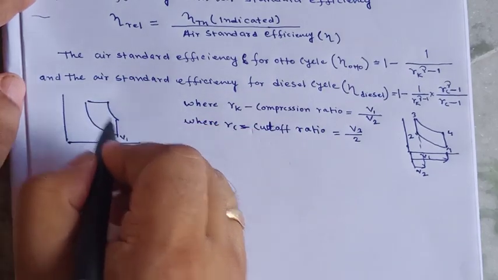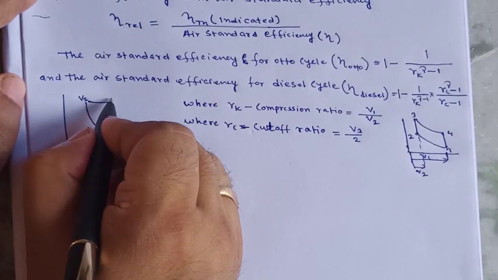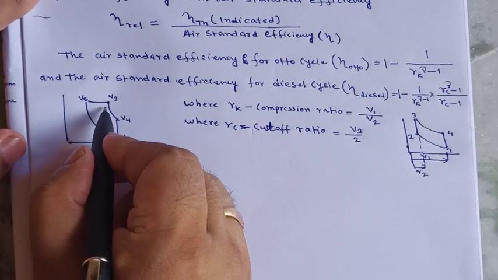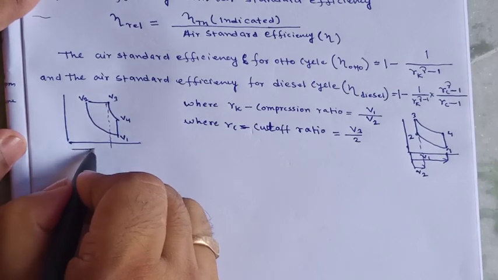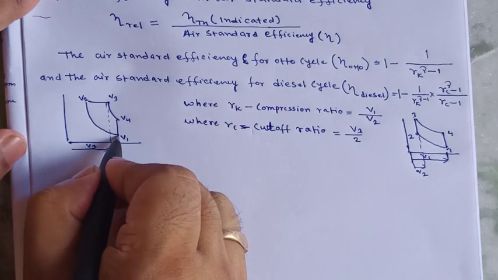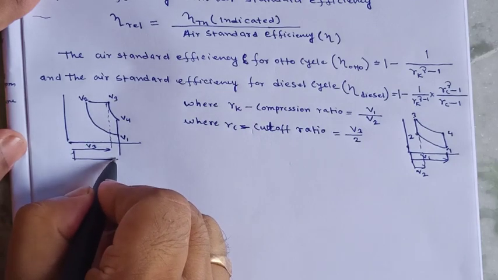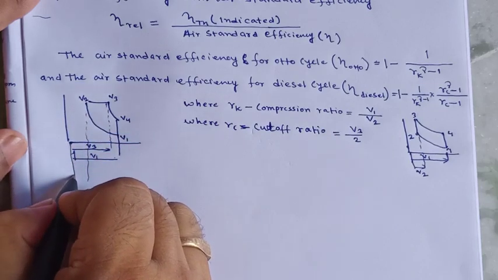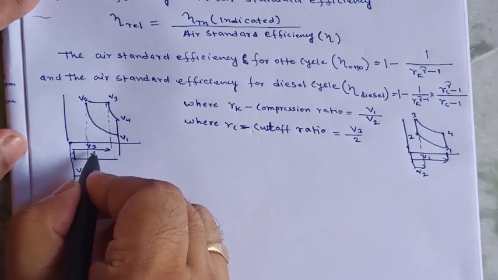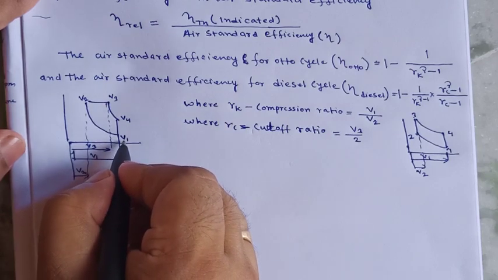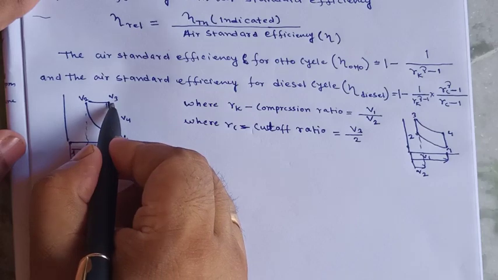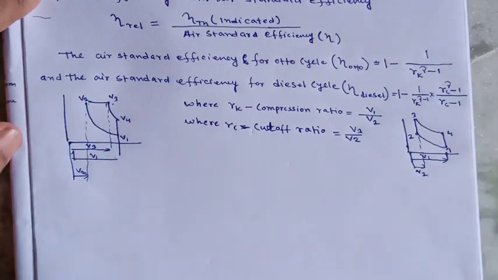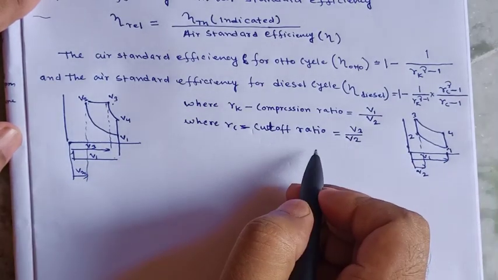This is V1, this is V2, this is V3 and V4. So the ratio between V3 and V2 is the cutoff ratio. So V3 by V2 is the cutoff ratio.